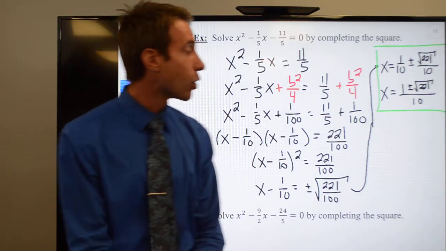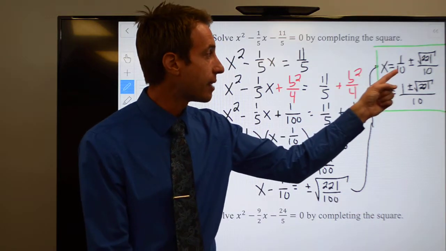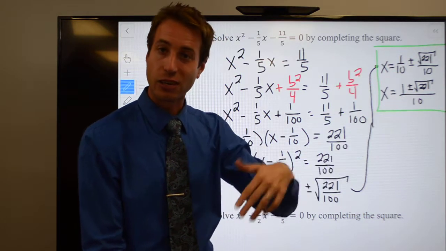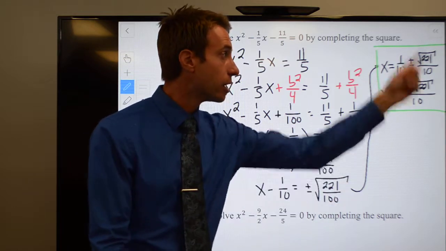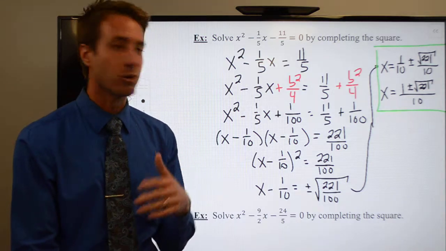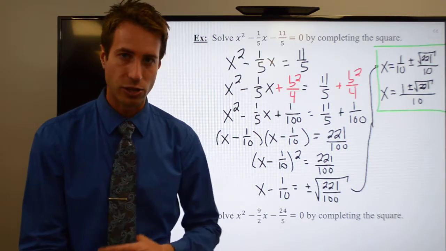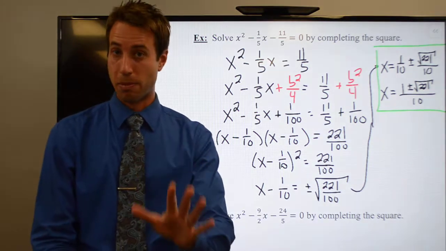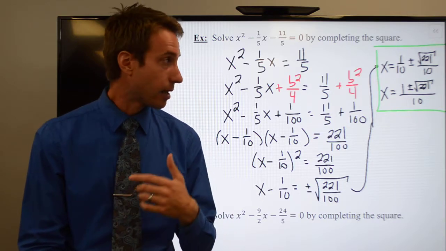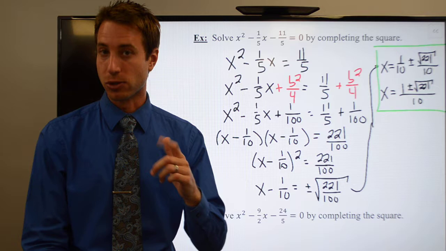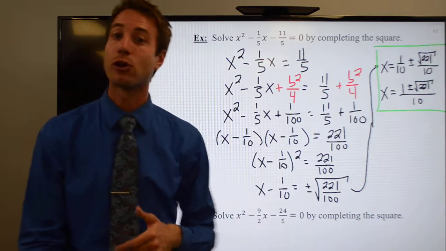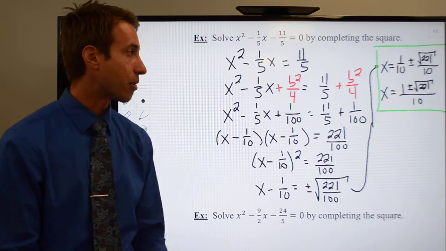It's going to cross at 1/10 plus the square root of 221 over 10, and at 1/10 minus the square root of 221 over 10, which of course you could find in decimal form by simply putting them into your calculator. But remember, if you're taking this class with me, I will not give you decimals on the test or the quiz as an answer. I will leave them in radical form if it's not a perfect square.